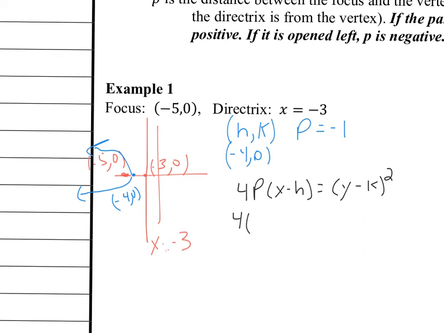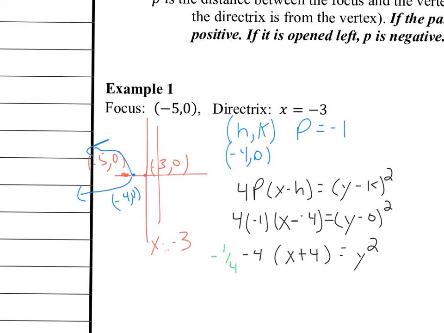So 4 times p, which we said is negative 1, times x minus negative 4 for the h, equals y minus 0, which is k, squared. We get negative 4 times x plus 4 equals y squared. Multiplying both sides by negative 1/4, we get that to cancel. x plus 4 equals negative 1/4 y squared.